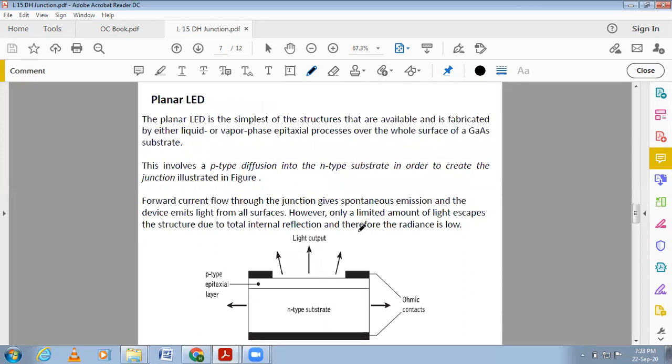In the planar LED, you can see this figure. This is the planar LED. It is very simple. The planar LED is made with the help of a homojunction substrate. It is the simplest of the structures available and is fabricated by either liquid or vapor phase epitaxial process over the whole surface of a gallium arsenide substrate.